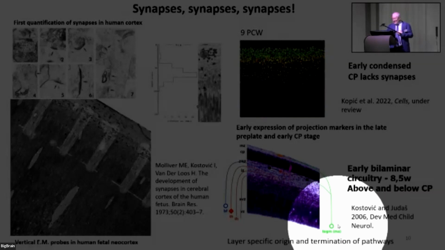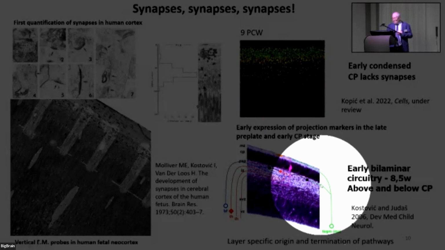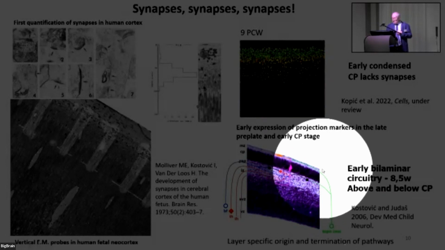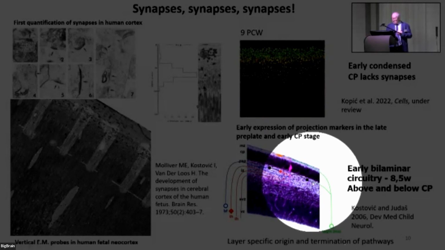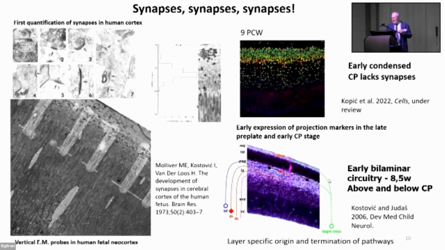For example, pay attention to this, the earliest input from tegmentum, it's modulatory, it goes to the marginal zone and to pre-subplate area. So this is the earliest circuitry. It is endogenous, it is not sensory driven, and it is self-organized. That's crucial. We call this activity mostly oscillatory.